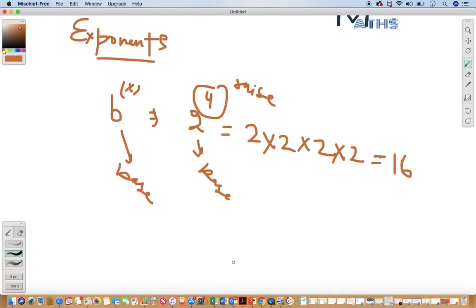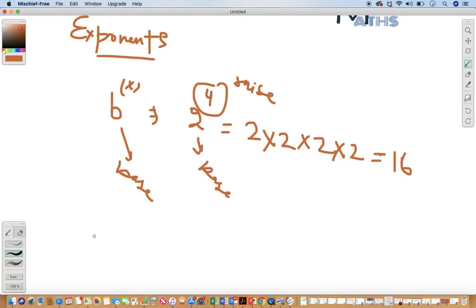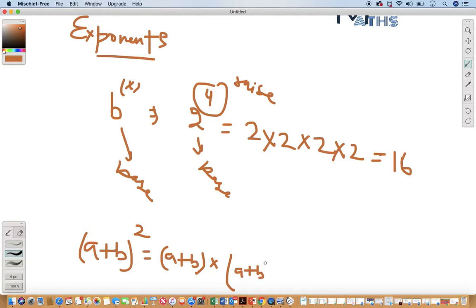The base could also be an expression, which means, let's say, a plus b raised to the power of 2. This whole expression has to be multiplied by itself. If I have to write it down, it's a plus b cross a plus b.